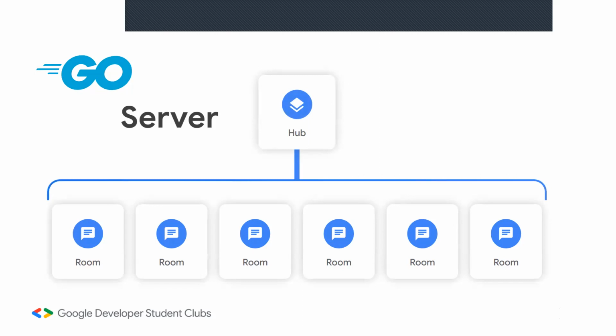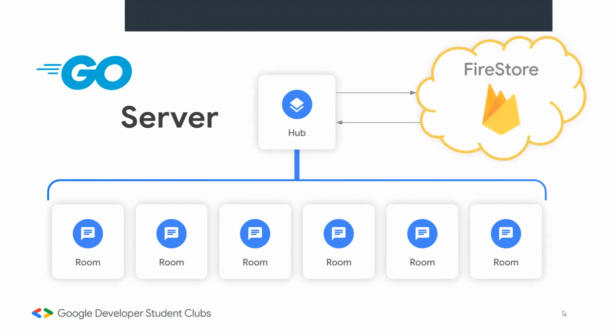It contains rooms and it does stuff with those rooms. One of the things that it does is we need a place to save our messages and retrieve them when necessary to give them to other clients that are connected to our chat room. We're going to use Firestore for that. Firestore is going to be our database, and we'll talk a bit more about it now.